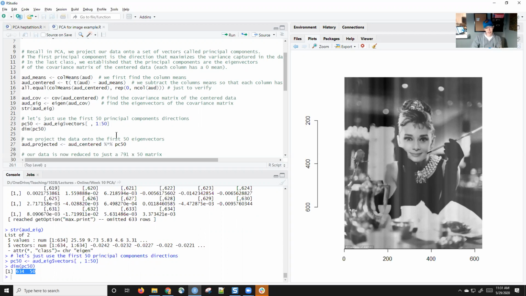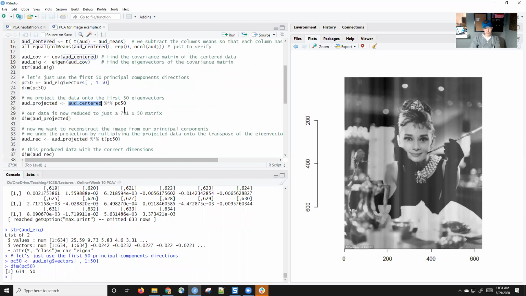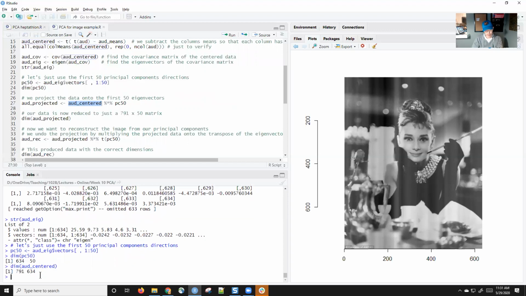To get my lower dimensional data, I take the original centered data, which is 791 rows by 634 columns, and multiply it by PC50, which is 634 by 50.